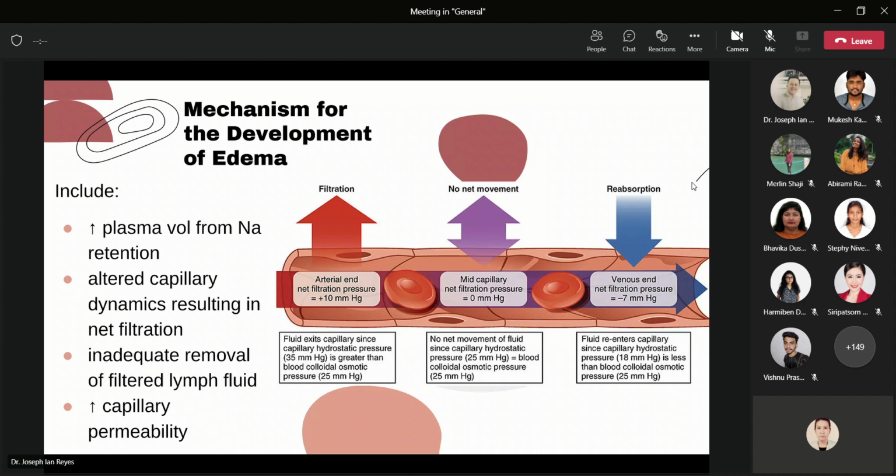Again, your capillaries would be sending fluid to the different tissues, not into the circulation. That's why you have edema.